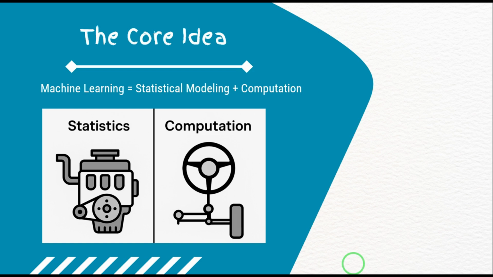I always say think of machine learning as a car. If machine learning were a car, statistics would be the engine. It gives the power and logic, and computation would be the driver's system. It controls, optimizes, and steers. Once you see ML this way, it suddenly feels a lot less magical and a lot more logical.